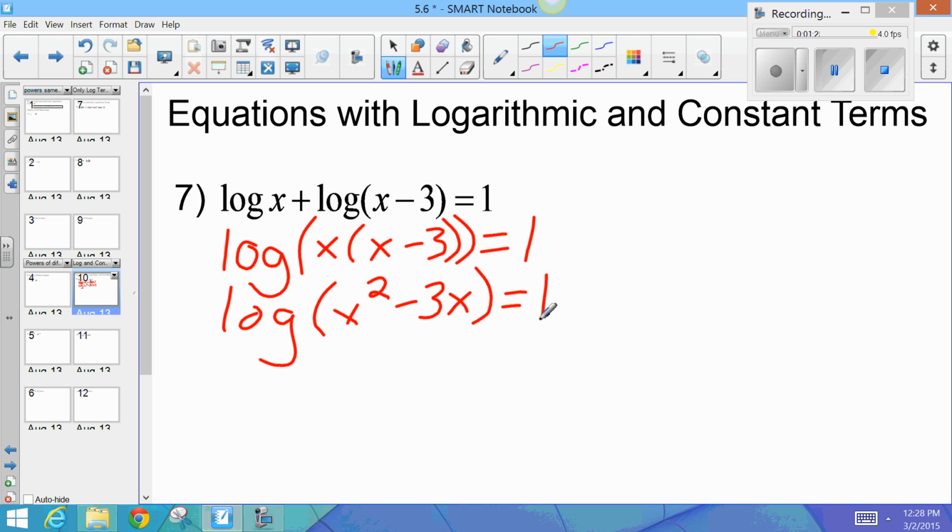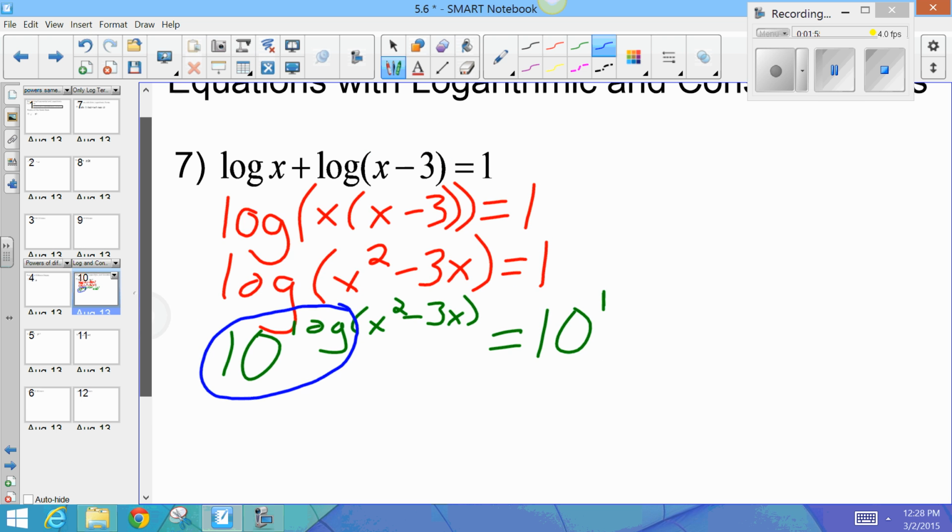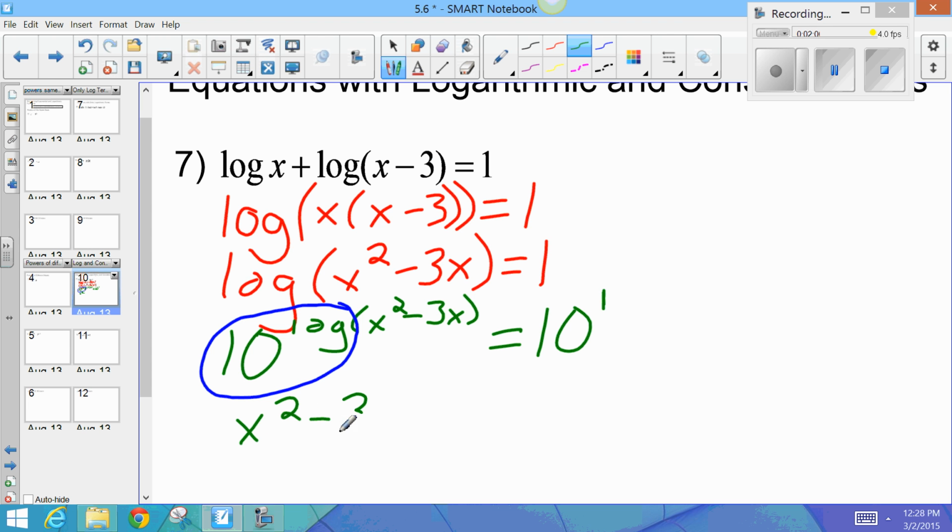So to get rid of the log, I take 10 and raise it to the power of that whole thing, and I do the same thing on the right, raising 10 to the power of what's on the right. Now 10 to the power of and log base 10 are inverses. They undo each other. So I am just left with x squared minus 3x equals 10.